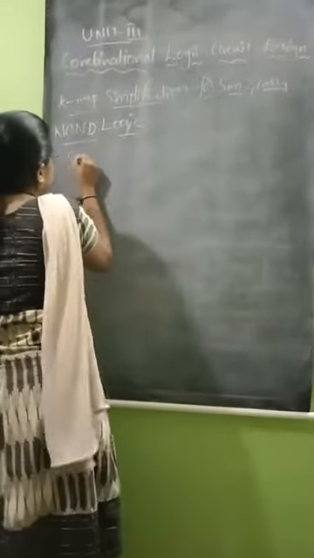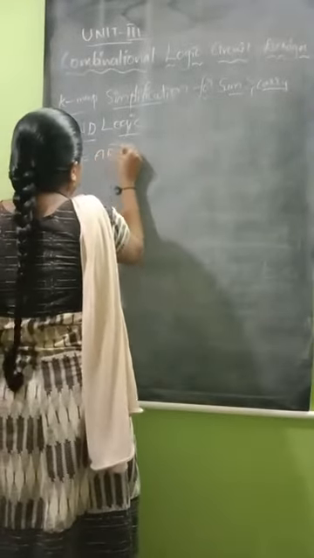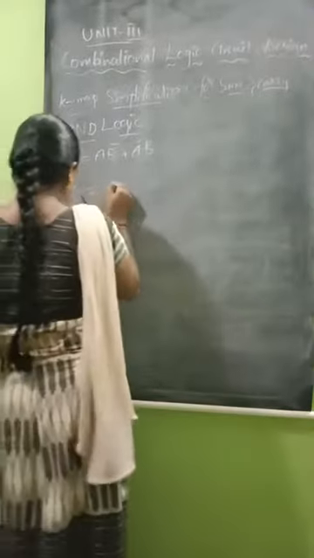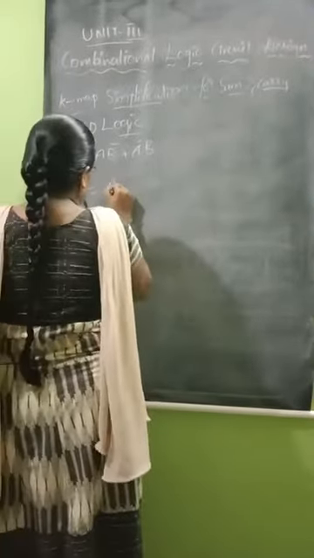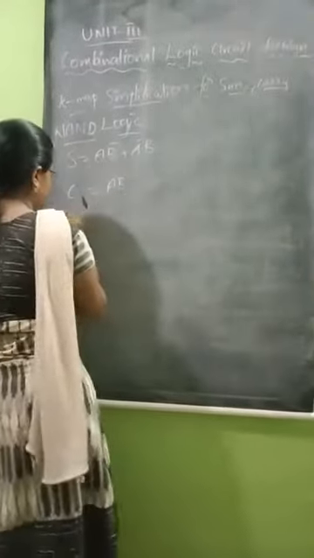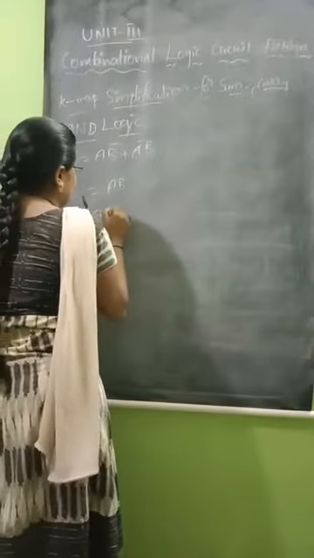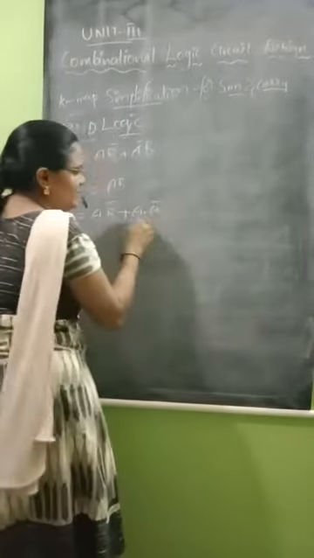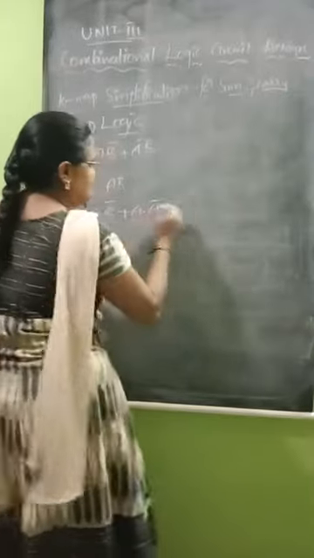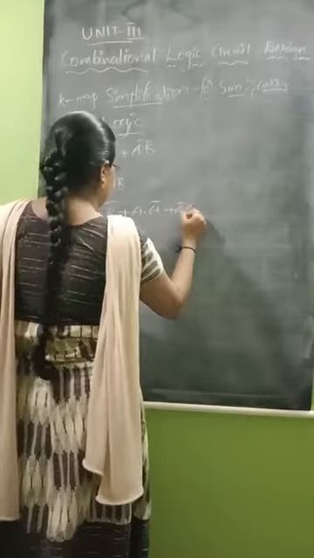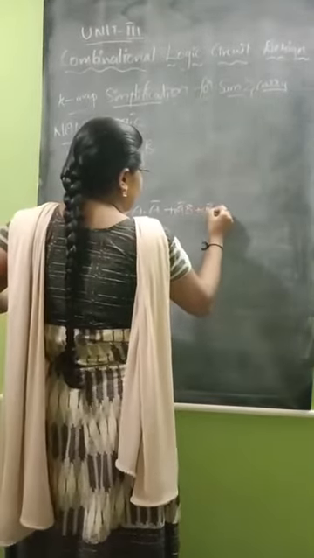The sum is S equals A B bar plus A bar B, and carry equals A B. Okay, so we can simplify sum. S equals A B bar plus A into A bar. A into A bar means 0. So we can add A into A bar plus A bar B plus B into B bar.